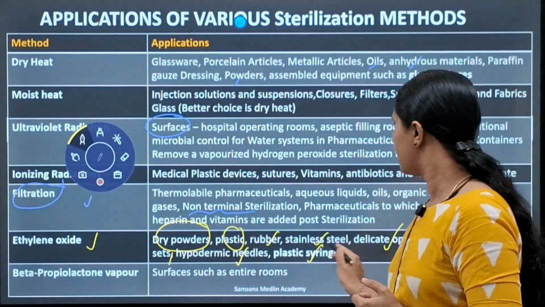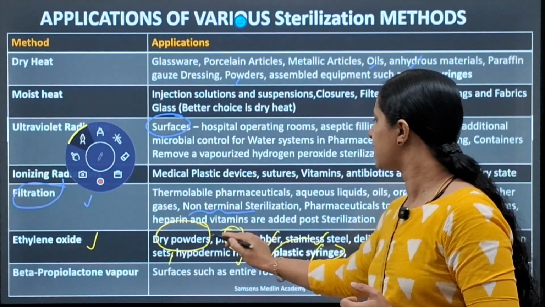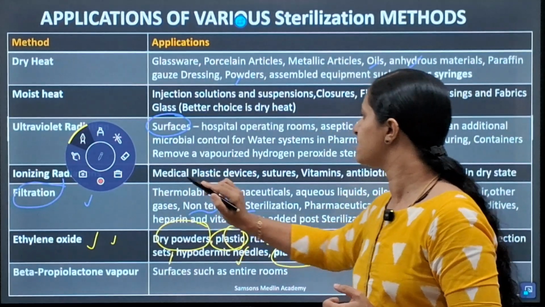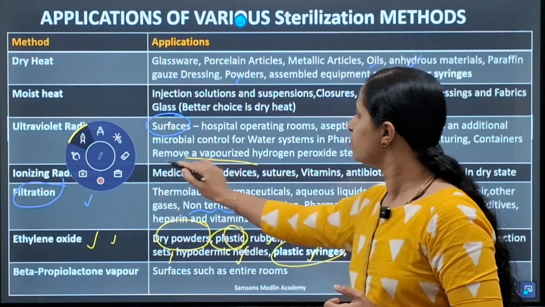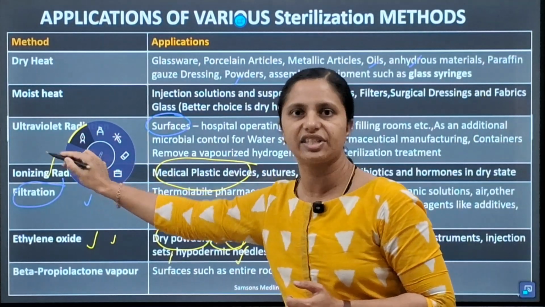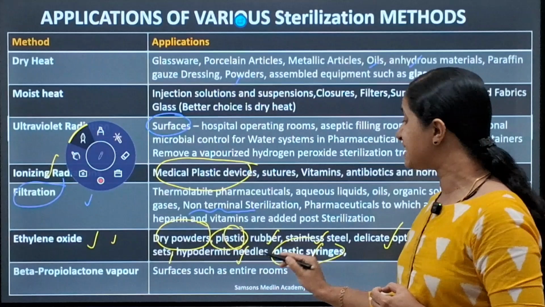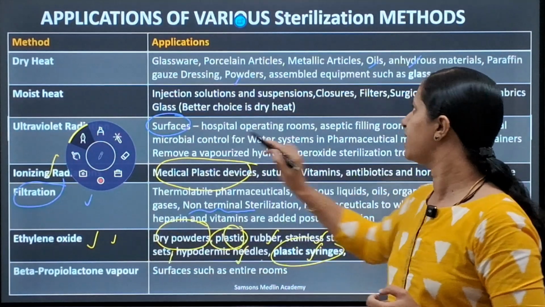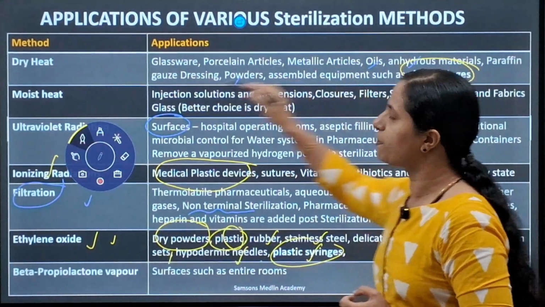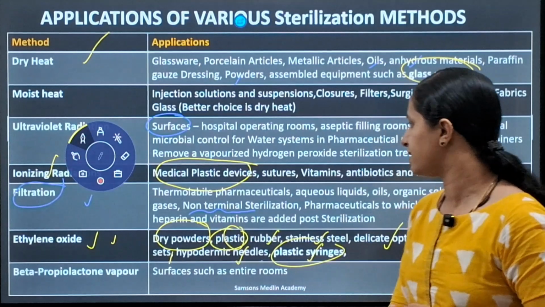So remember, plastic equipment comes under ethylene oxide sterilization. They can be sterilized by ionizing radiation, and plastic syringes by ethylene oxide, whereas glass syringes by dry heat sterilization.